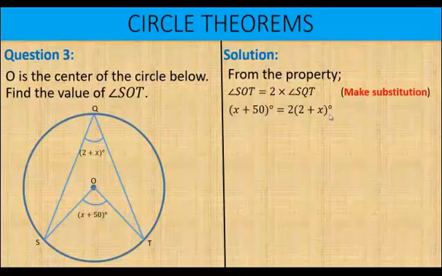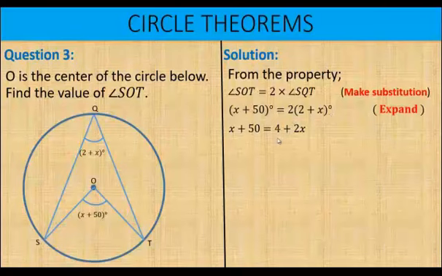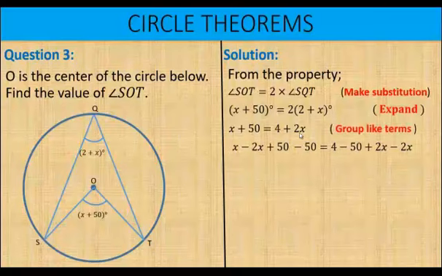So what we must do is to expand, and we get x plus 50 is equal to 2 times 2 would give us 4, and 2 times x would give us 2x. Now what we must do is to group like terms.